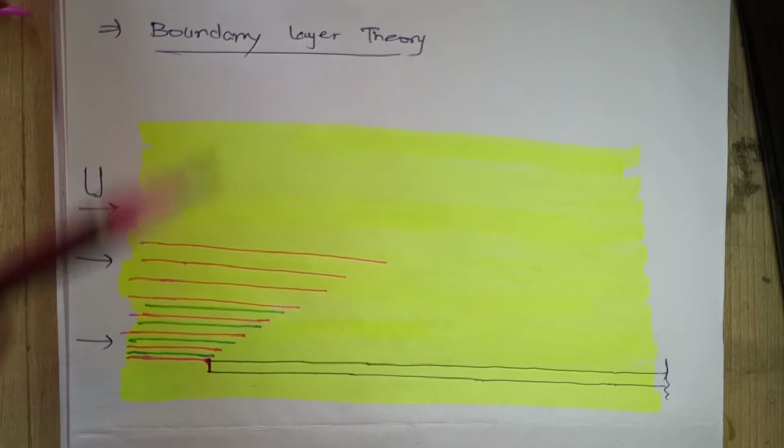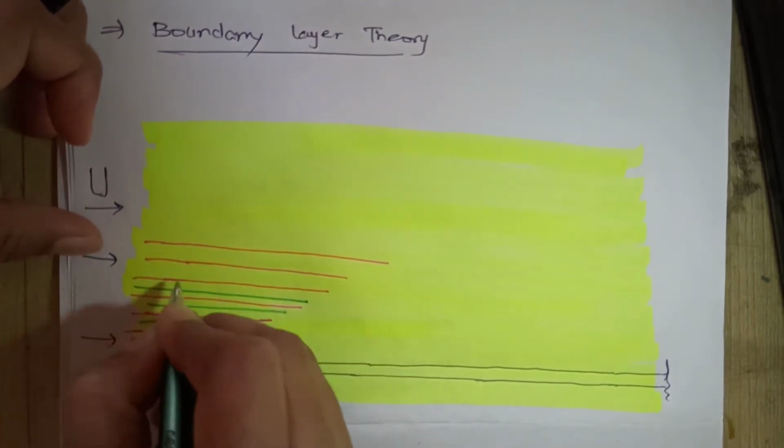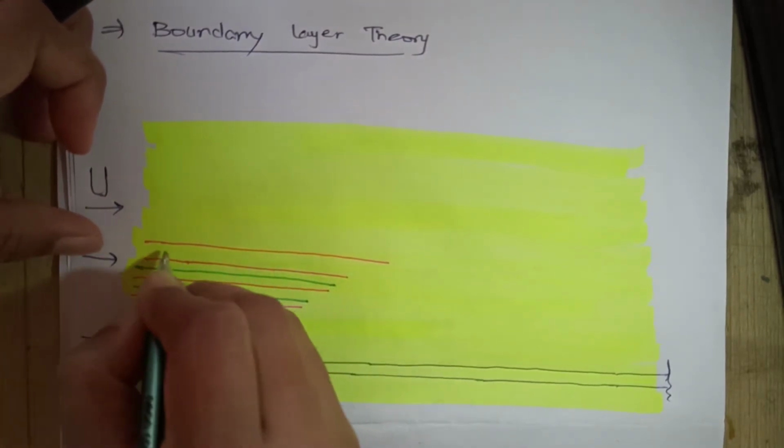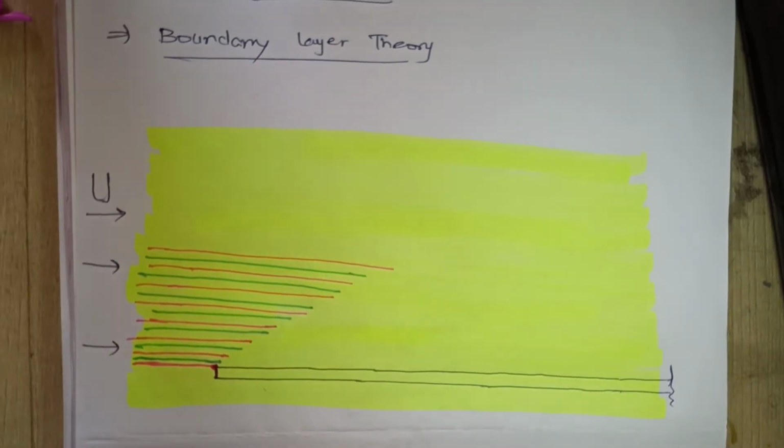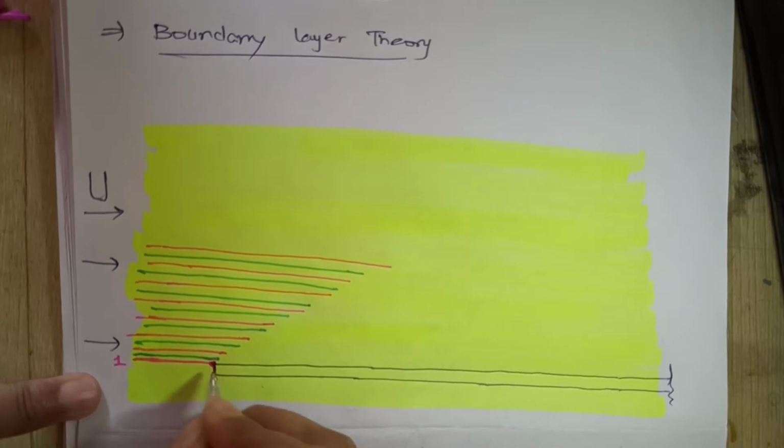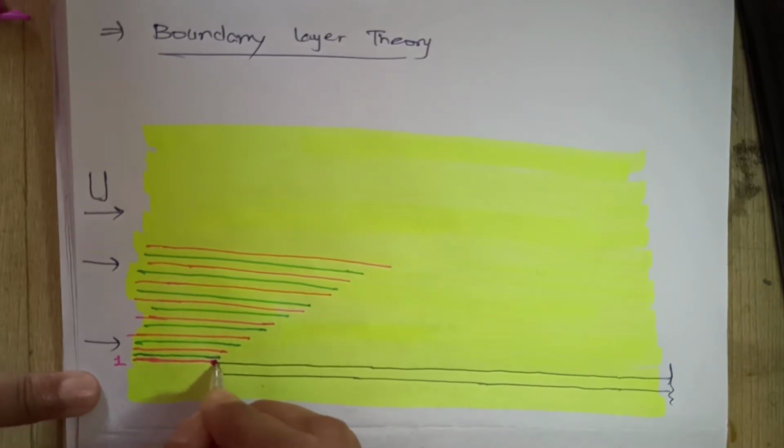Okay, like this, the layers, the initial layer 1 hit the top corner of the horizontal plate and it stopped, its velocity became 0.